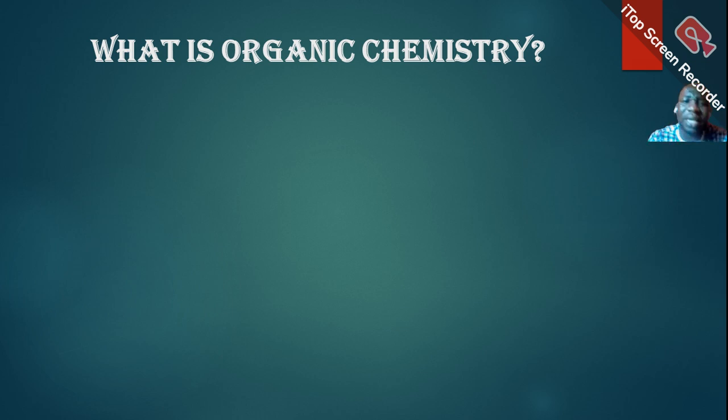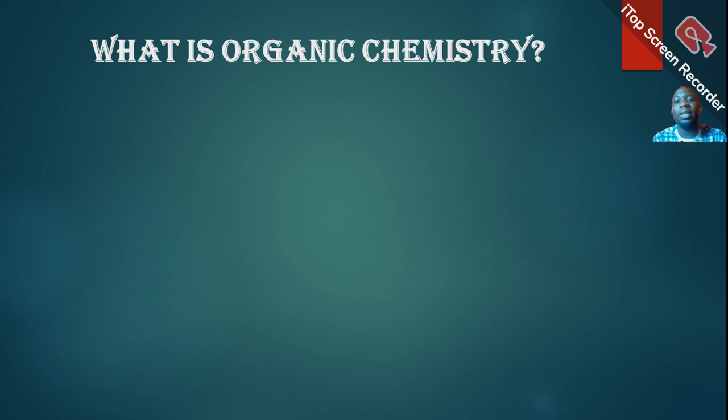What is organic chemistry? When you say something is organic, what does it mean? When we mention the word chemistry, most times we think about chemical reactions. That is what a layman sees chemistry as: reactions, changes that happen to matter, the properties.